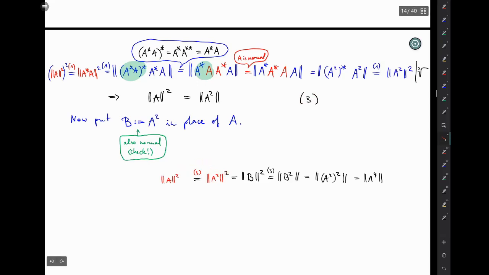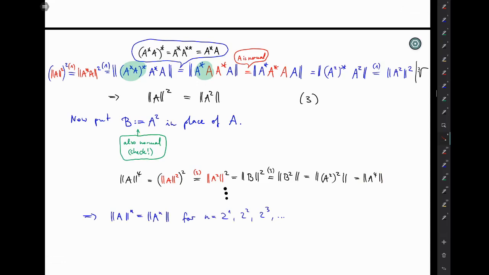And we shouldn't forget about the black square. So that on the left, we happily arrive at norm a to the power 4. And the power 4 is already outside. So we can get the exponent 4 from inside to outside, and the only assumption is that a is normal and hence a squared is normal. Okay, now it's clear how to proceed. You use this formula and you again substitute a squared for b, and then you get the same with exponent 8 and so on.